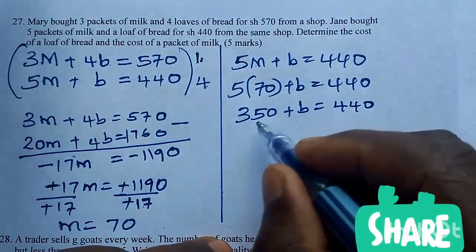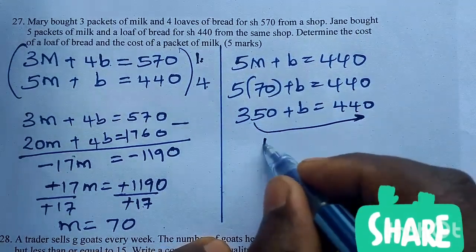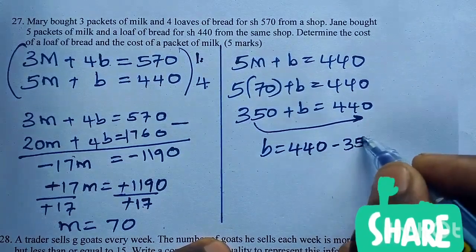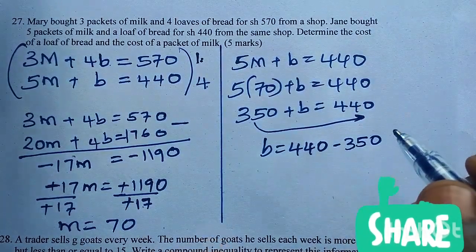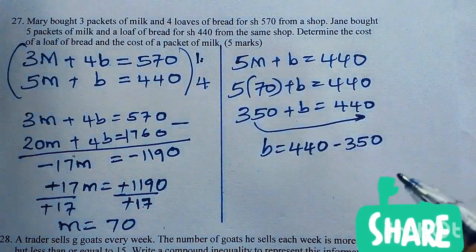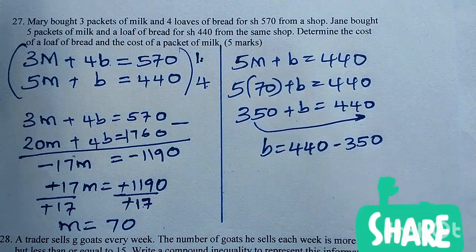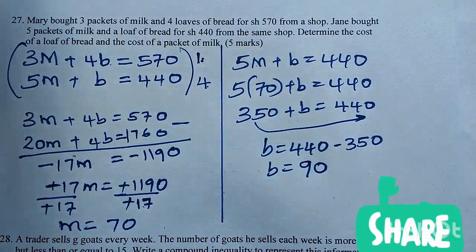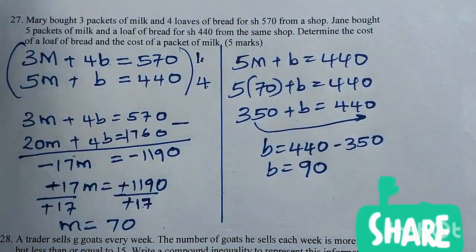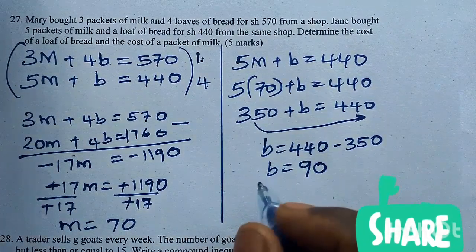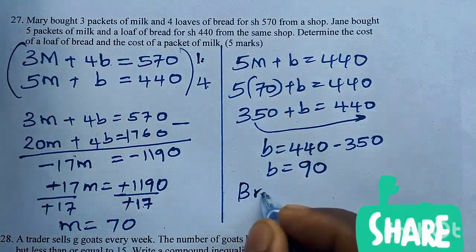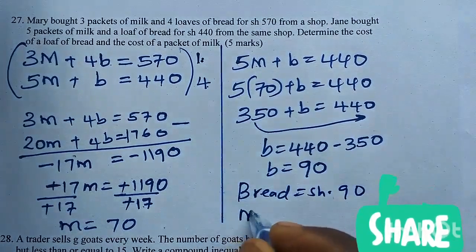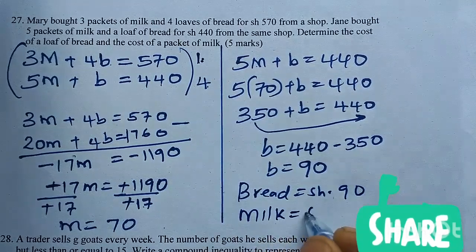Take this to the other side and it becomes minus, so B is equal to 440 minus 350. So B is equal to 90. Therefore, to determine the cost of each, bread is shilling 90. Milk shilling 70.